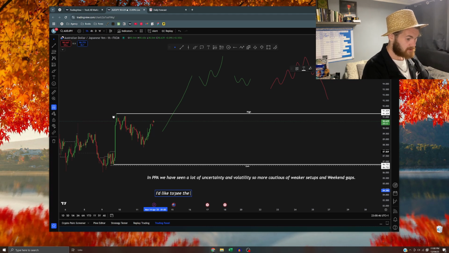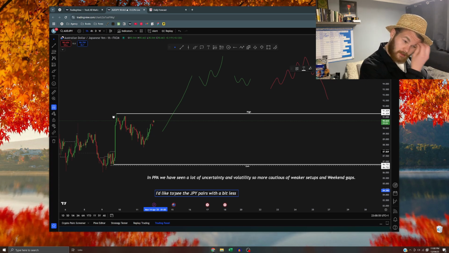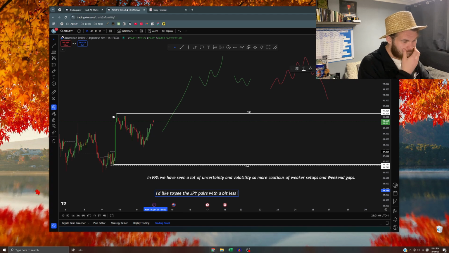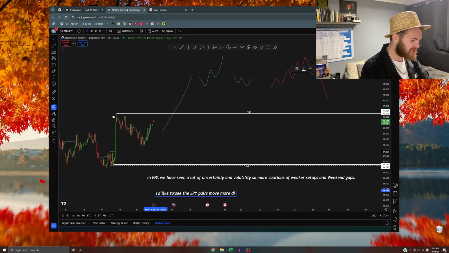And then again, I'm just going to put, I'd like to see the JPY pairs with a bit less, what's the word I'm trying to use? I'd like to see the JPY pairs move more directionally.